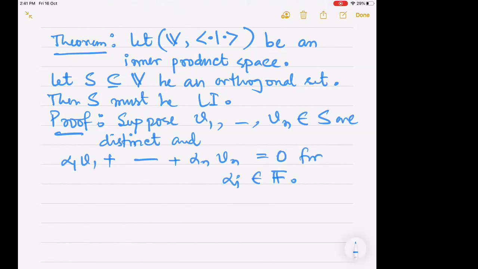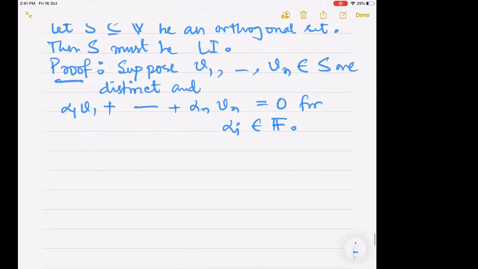So the linear combination is going to 0. I have to show that all these alpha i's are 0. How do I do this?